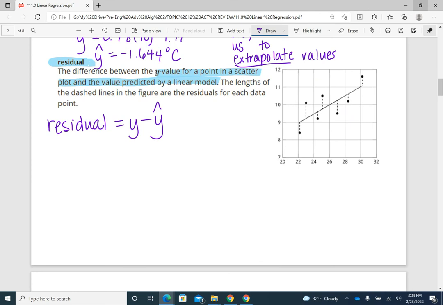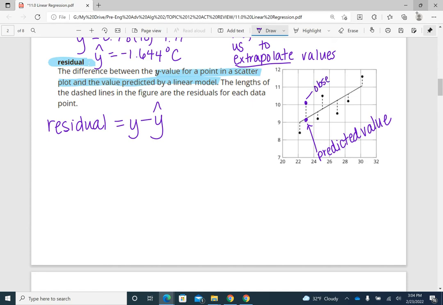And so you can see that kind of drawn here. The point on the line is the predicted value. And then the point at the top, that's the observed, or it might be below, depending on if you have an overestimate or underestimate.